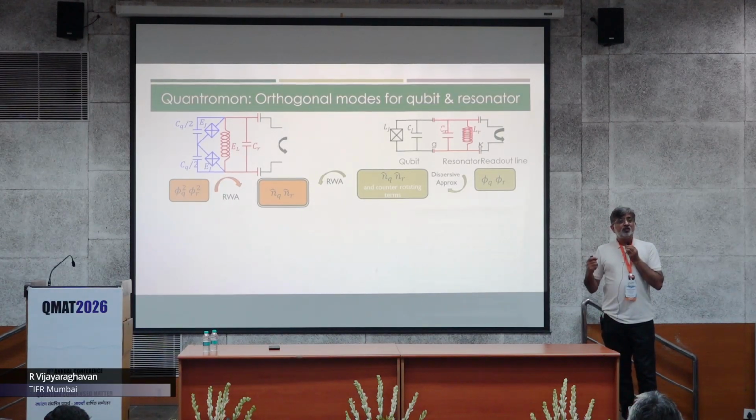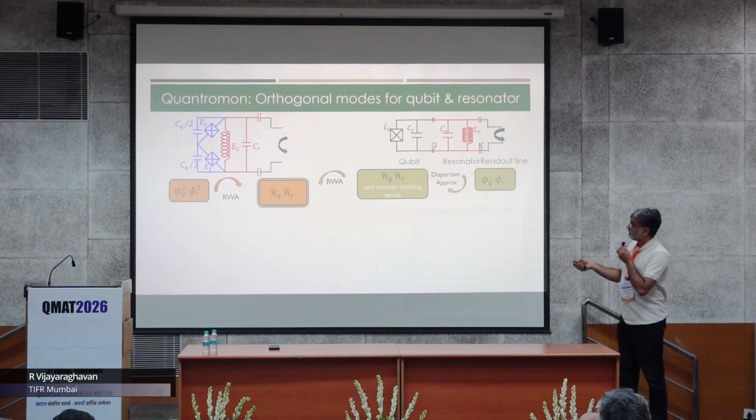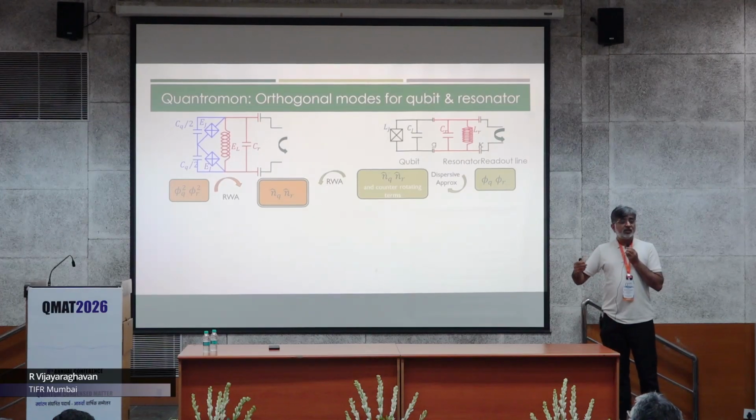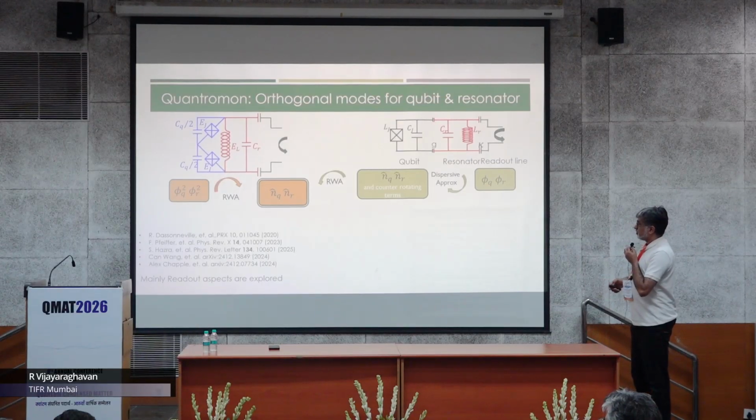This is believed to be a reason why there are fewer spurious terms to worry about in this particular circuit, and that can help in driving the system harder, which can give you more SNR while ensuring that the qubit remains resilient and does not change state in the process of the measurement.